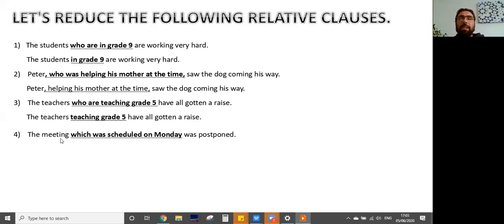Number 4, the meeting which was scheduled on Monday was postponed. So what could we put? How could we reduce that relative clause?